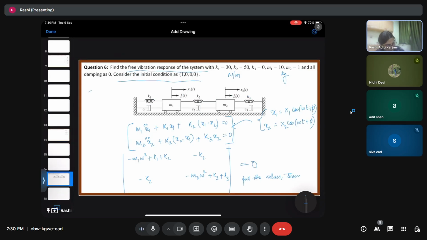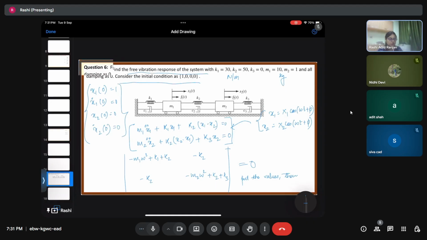So the initial conditions are x1 of 0 is equal to 1, x1 dot of 0 is 0, x2 of 0 is equal to 0, and x2 dot of 0 is also equal to 0. So these are the initial conditions that have been given, and we need to find the free vibration response for these initial conditions.